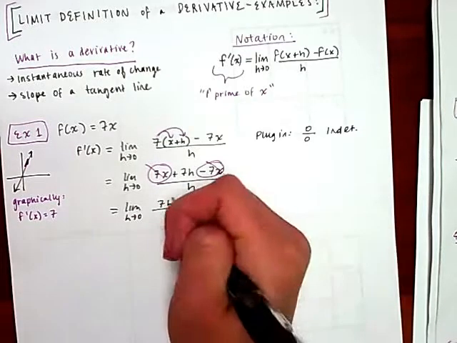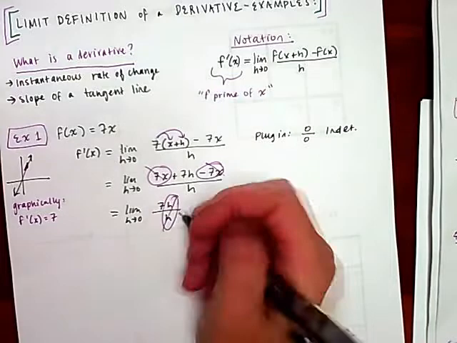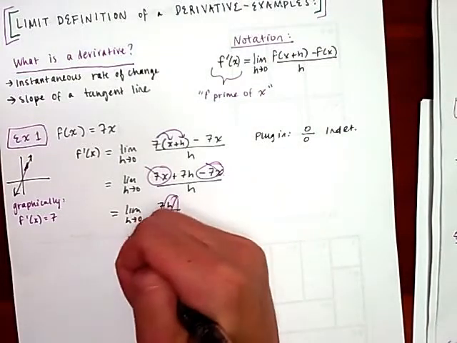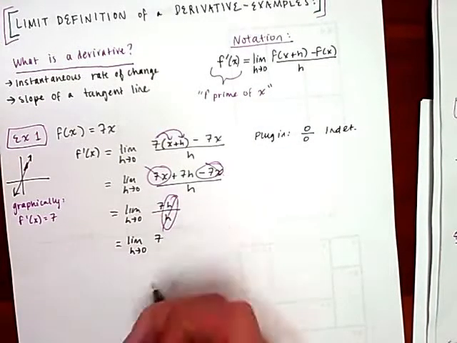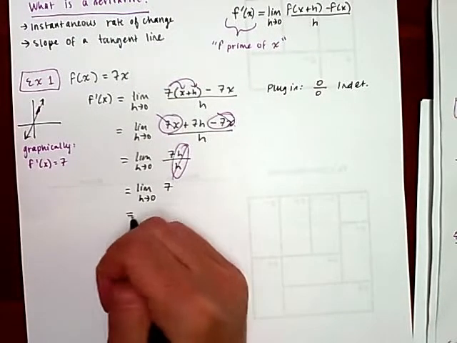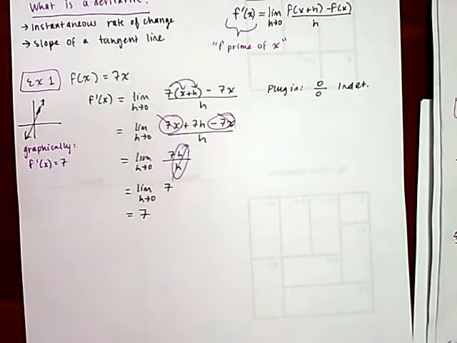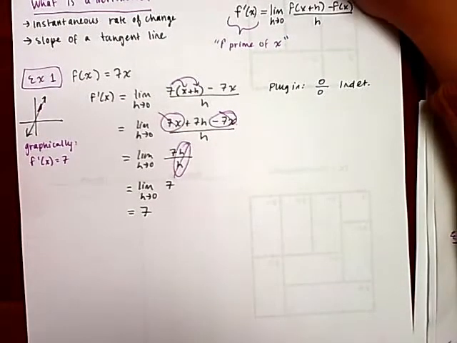And guess what? Those h's can cancel too. So now I'm taking the limit as h goes to 0 of just 7, right? The limit of a constant value is in and of itself just 7. There's nowhere to plug in 0 because there are no h's, but I still know that that should be 7.